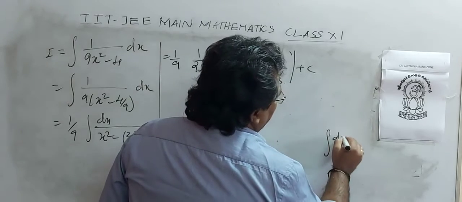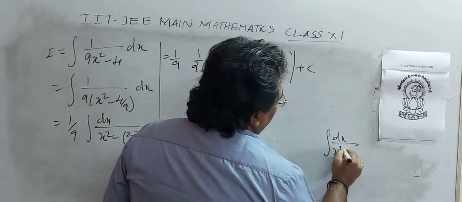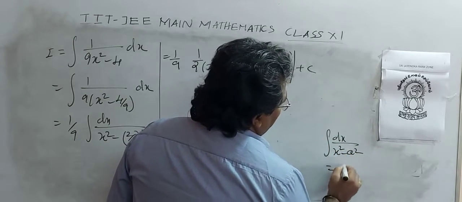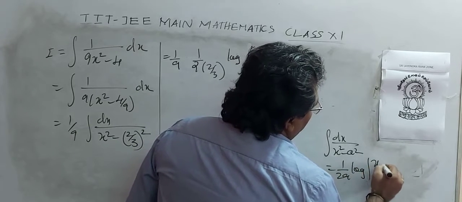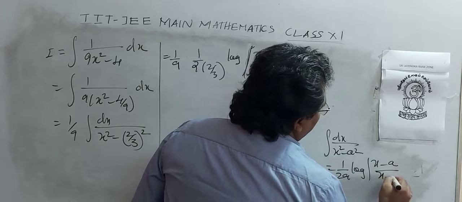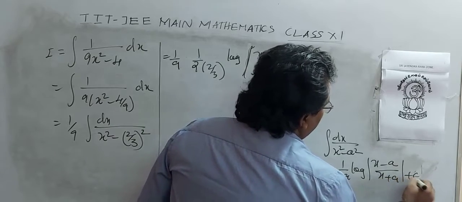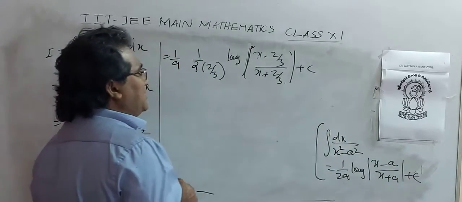Integral dx by x squared minus a squared equals 1 by 2a log modulus of (x minus a) by (x plus a) plus c.